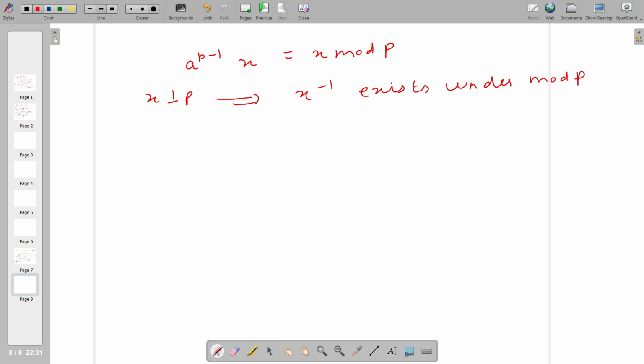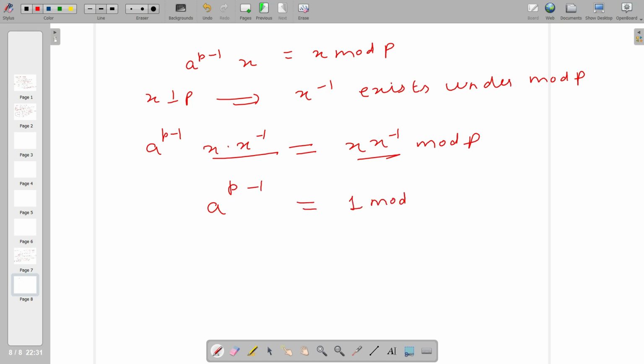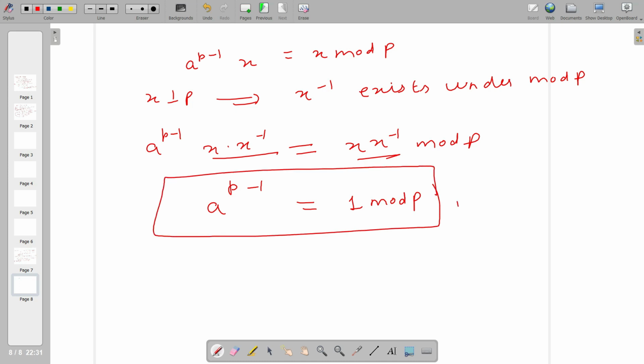So we can write a to the power p minus 1 times x inverse is equal to x inverse mod p. Here this is 1, this is 1. We come to know that a to the power p minus 1 is equal to 1 mod p. So this is how we prove Fermat's little theorem.